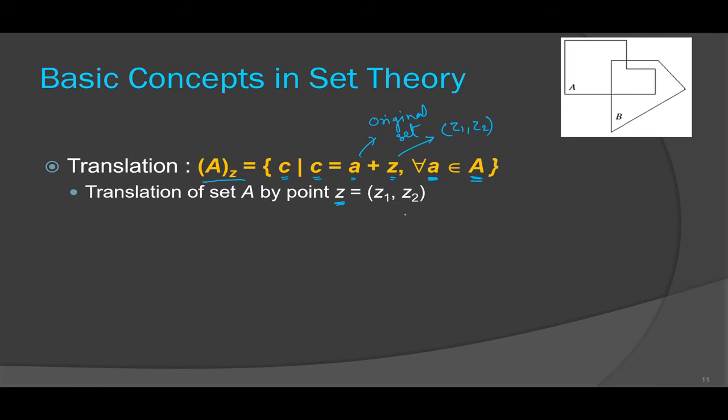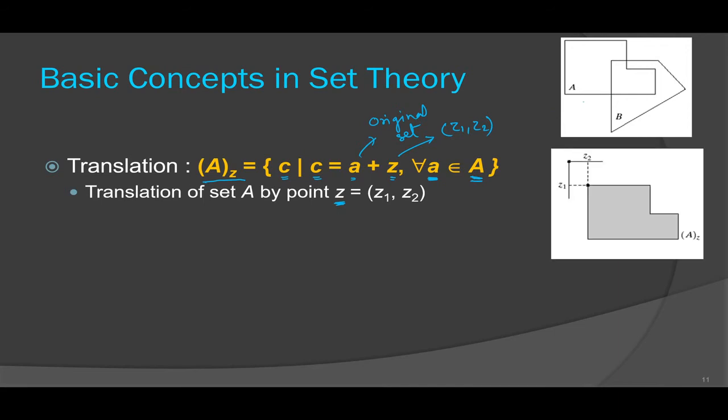So if these two are my original A and B objects, let us consider only object A. Earlier my object was here, and this point was here.